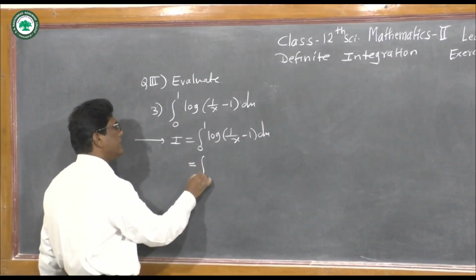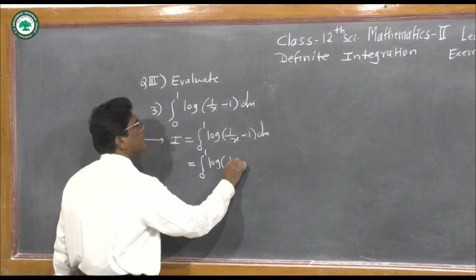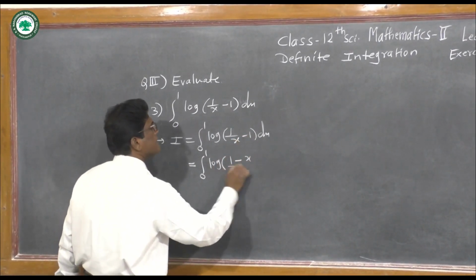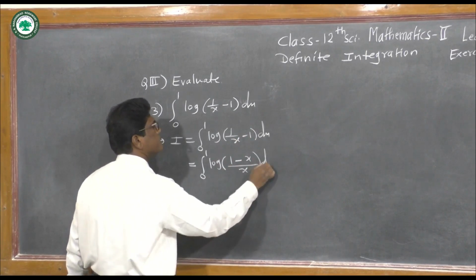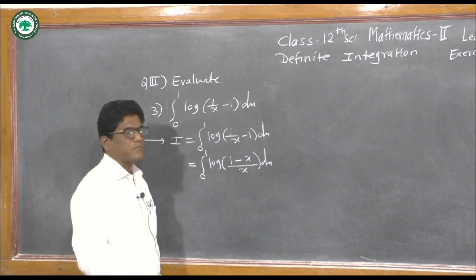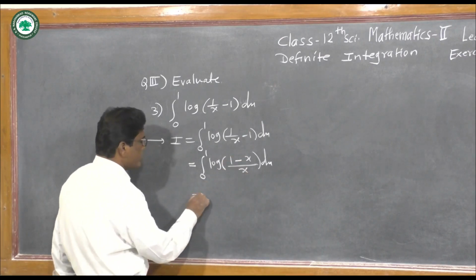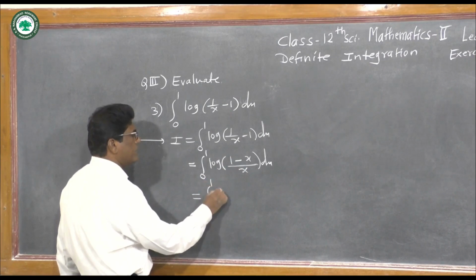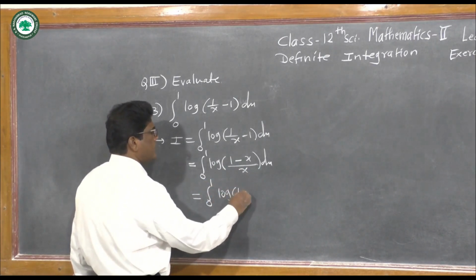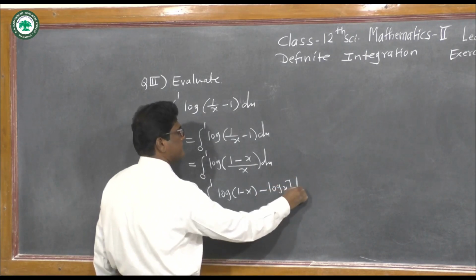So this is equal to integration 0 to 1 log of 1 minus x into 1, that is x, divided by x dx. Now here use the properties of logarithm, log of a upon b is equal to log a minus log b. So here it is equal to integration 0 to 1 log of 1 minus x minus log x dx.